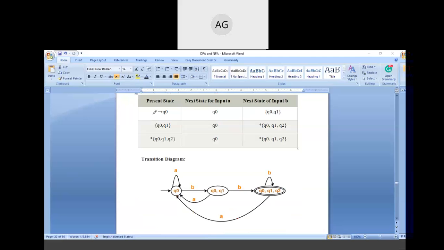Just concentrate here on the present state column. As you can see here, there are three entries.